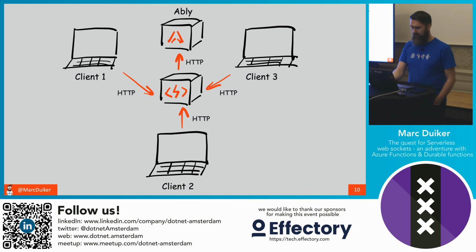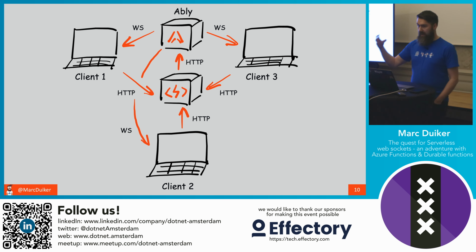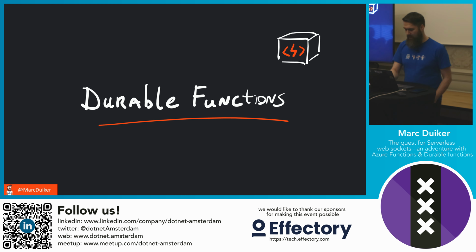But essentially it's an HTTP call that you make, and then the clients are connected with the Ably service. So the updates are sent to Ably and then are pushed through all of the connected clients. I have a bit of a different diagram later, which is a bit clearer, but this is what's happening.